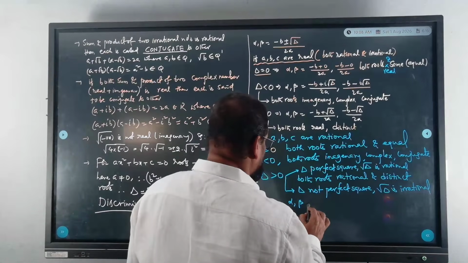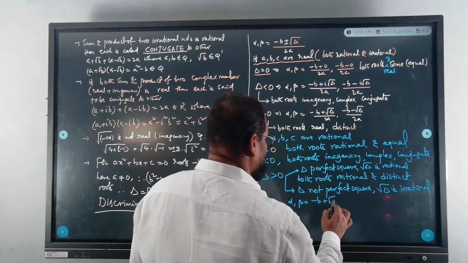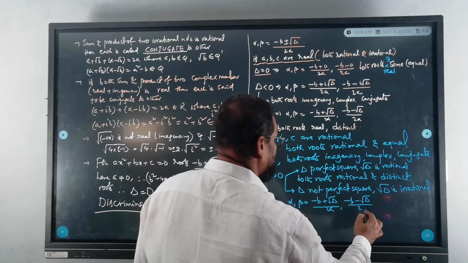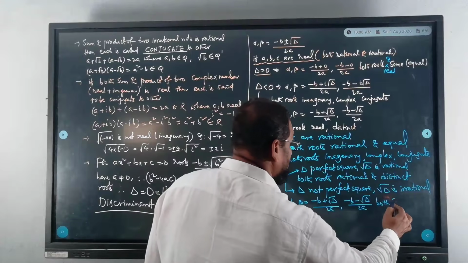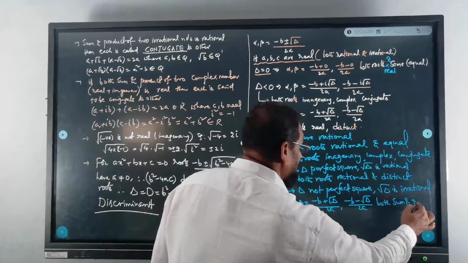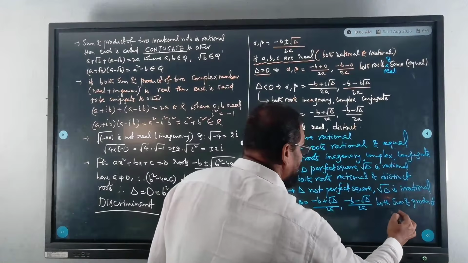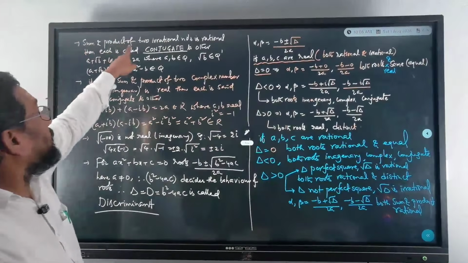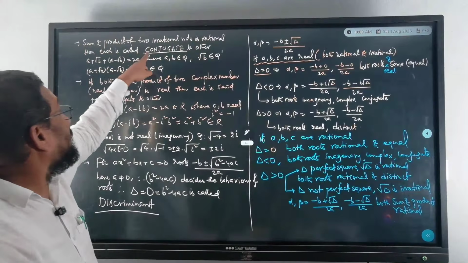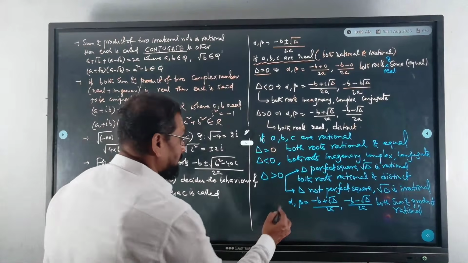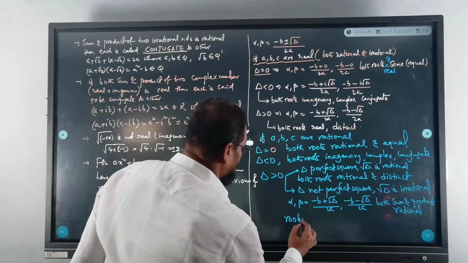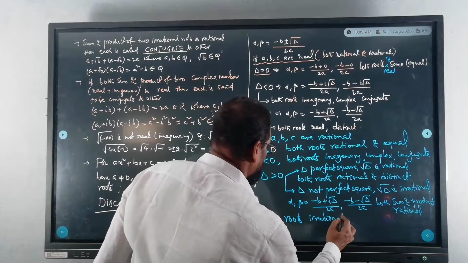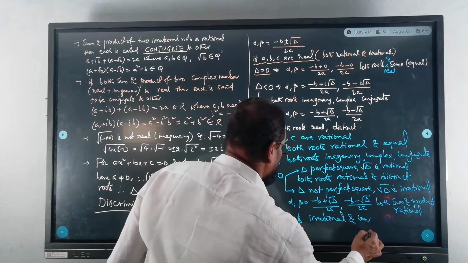So alpha, beta is minus b plus root delta by 2a and minus b minus root delta by 2a. Both sum and product are rational, and root delta is irrational. Both sum and product of two irrationals is rational, so each is called conjugate to the other. So the roots are irrational and conjugate.